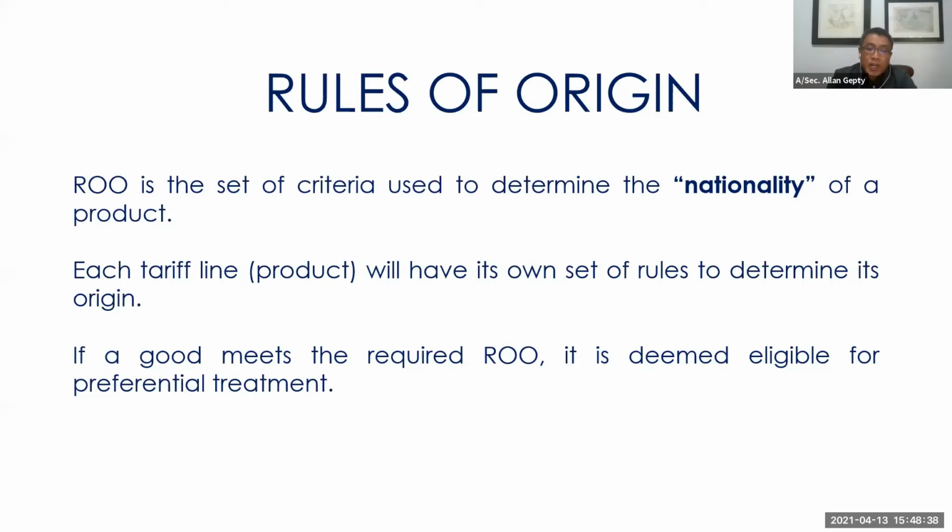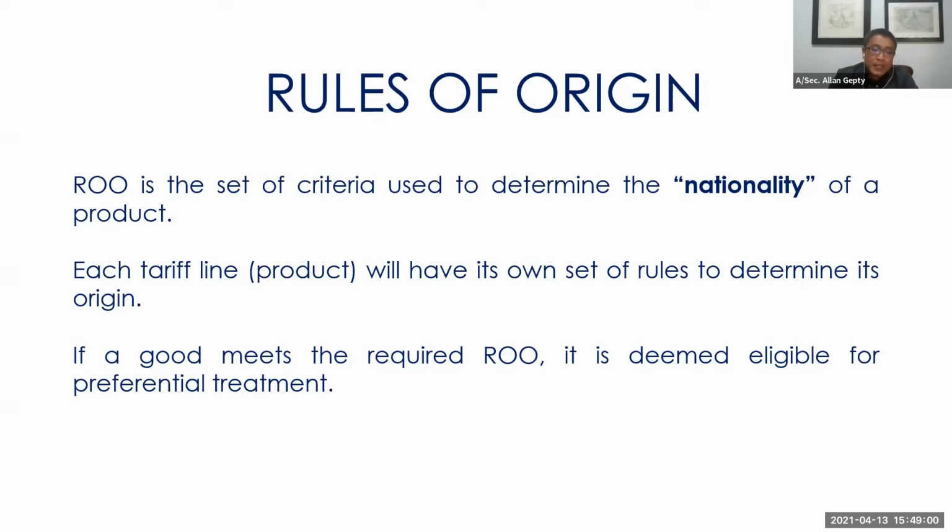So if a good meets the required rules of origin, then it is deemed eligible for preferential treatment. So it's only at that time that you can now avail of, let's say, the zero tariff or a lesser tariff compared with your other competitors, of course, in the global community.